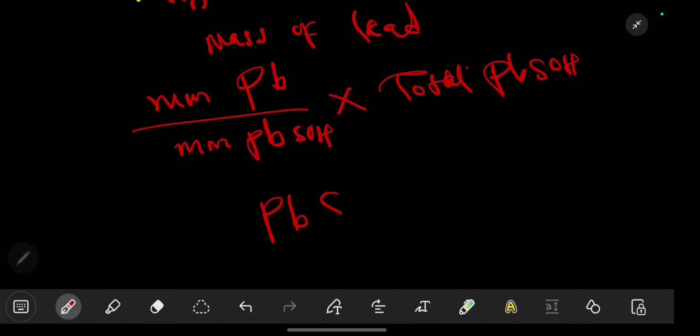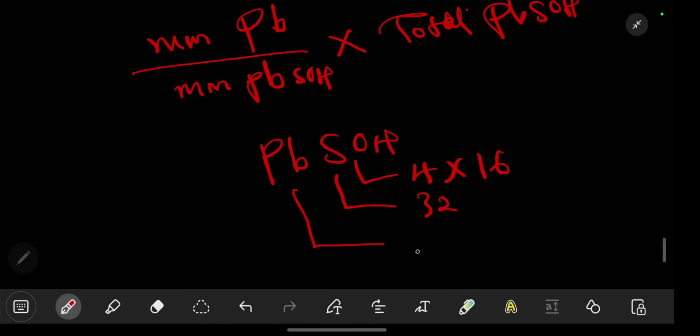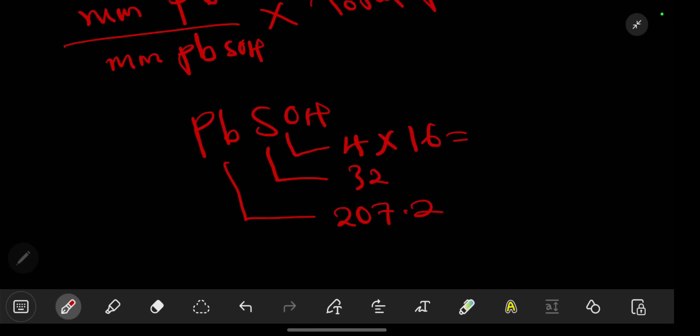So we have 4 oxygens times 16, which gives us 64. Then our sulfur is 32, and our lead is 207.2.